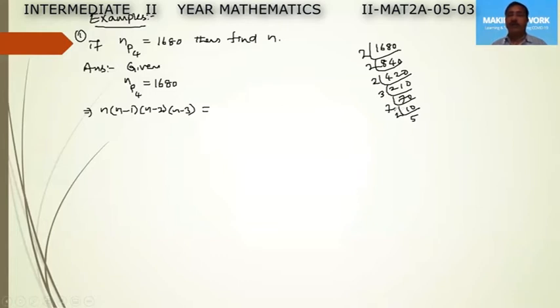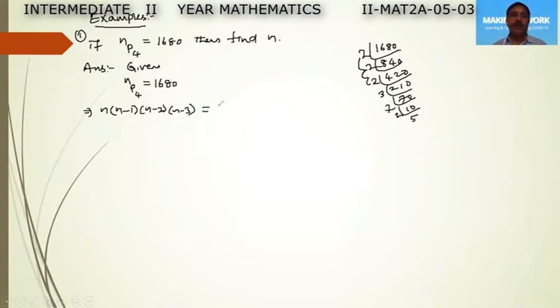So suppose I express it as 7 into 6 into 5 into, here we can get 8, the product of these 3 prime numbers, 2 into 2 into 2, 8 into 7 into 6 into 5.